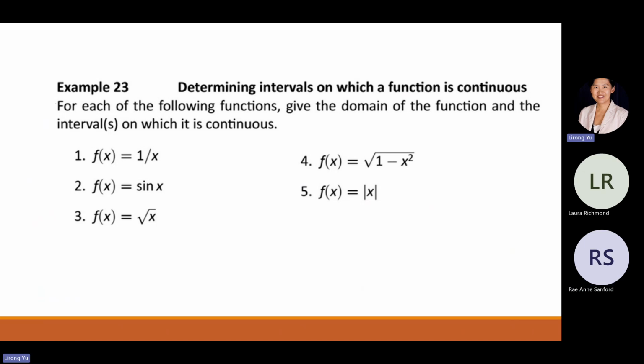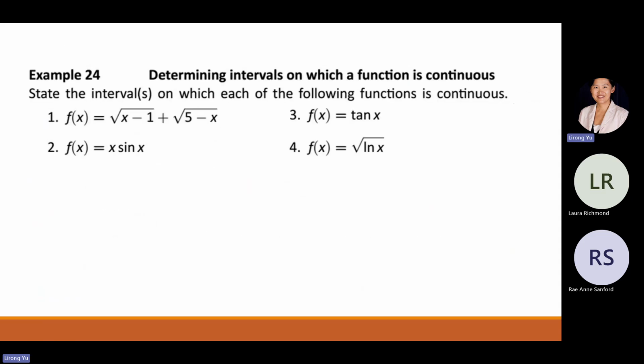When you understand the function, such as the sine function, sine and cosine are continuous. They're a periodic wave. They have no discontinuity. They are continuous for all reals, the entire interval. So we do have some common understanding before we're able to talk about the continuity or interval of continuity for all these functions. So this example is similar to this example.